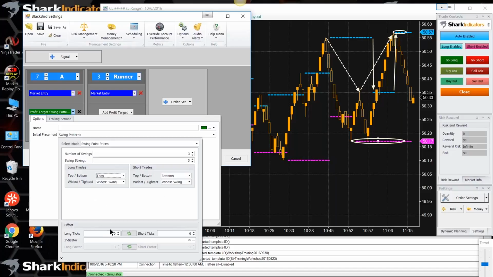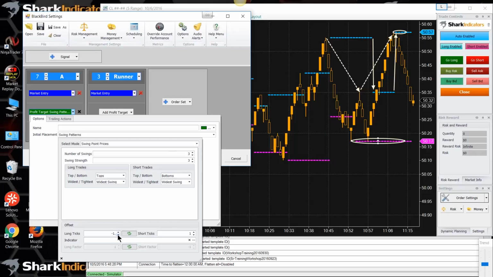And if you want, of course, you can add an offset as well. So you can go a couple of ticks above the swing high that the indicator identifies, whatever you want, or you can go one tick underneath the swing high.